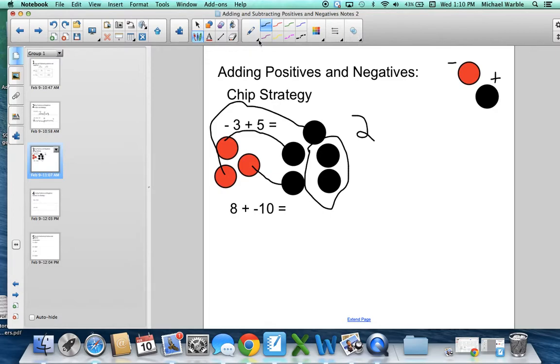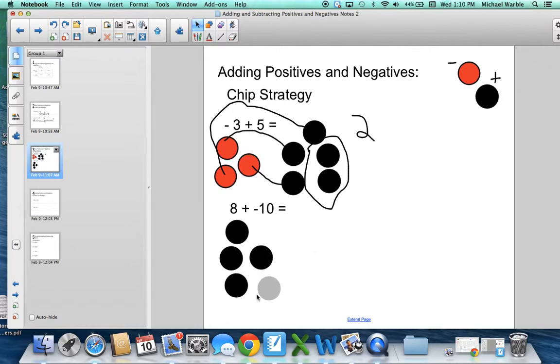I'm going to take my 8 black positive chips. Might take a little bit longer for me to drag them down. And then my 10 negative chips here.